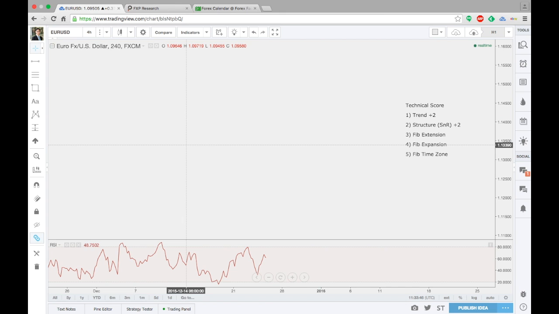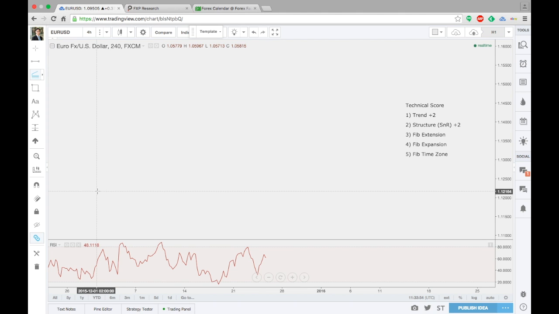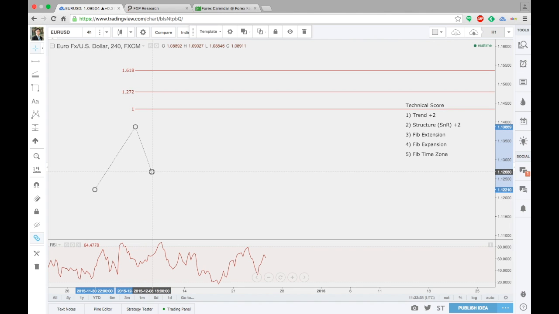Whereas for expansion, I'm using this tool. If you use this tool, you need to identify 3 points, 1, 2, 3, and you can see the expansion levels run from 127 to 1618.